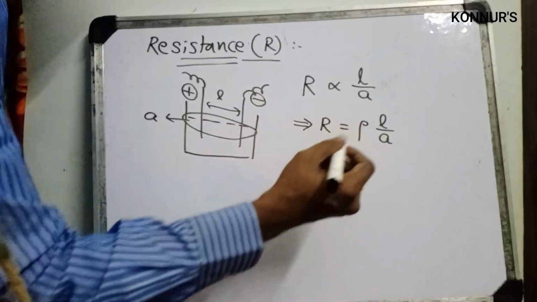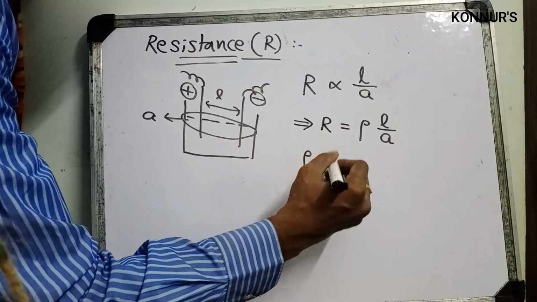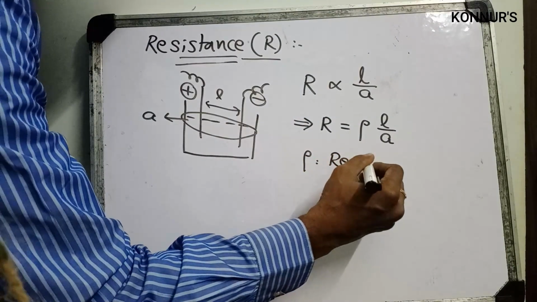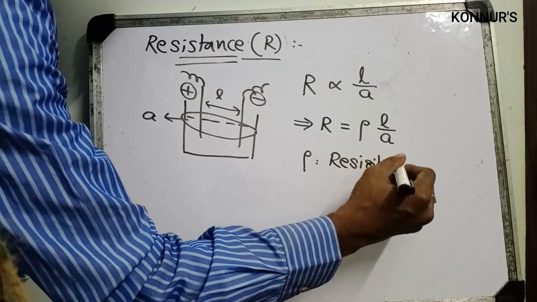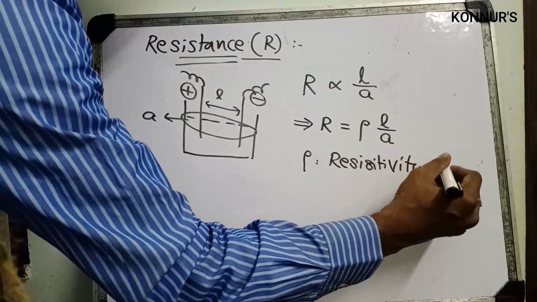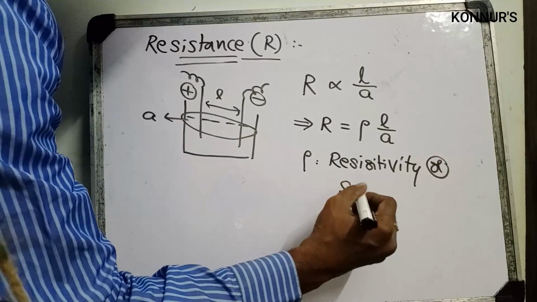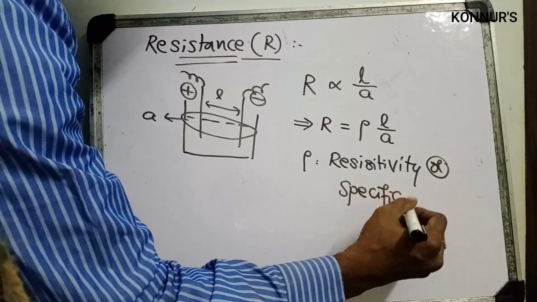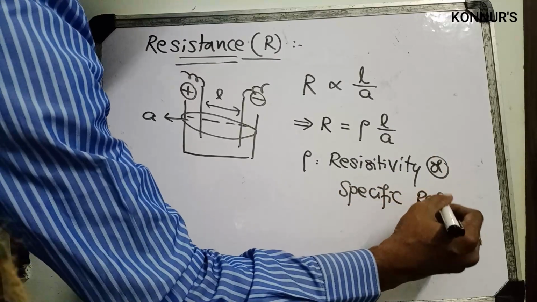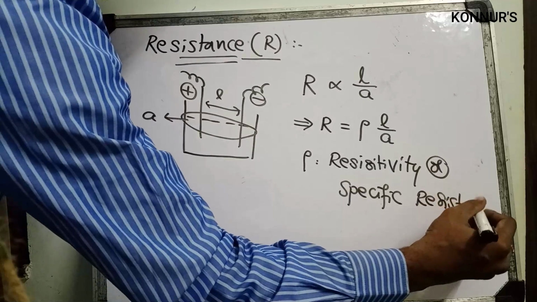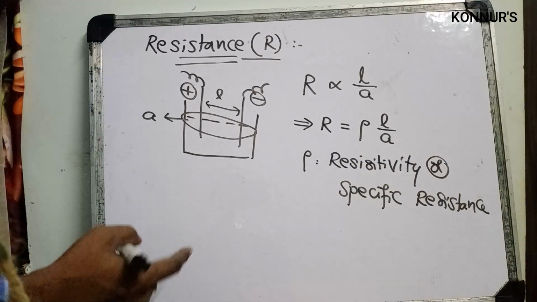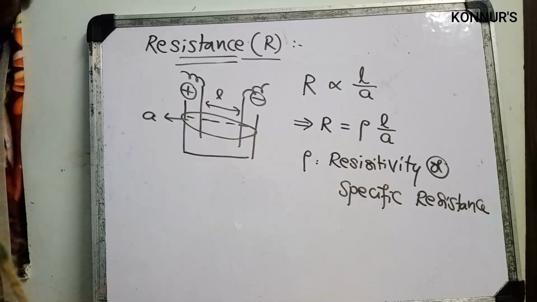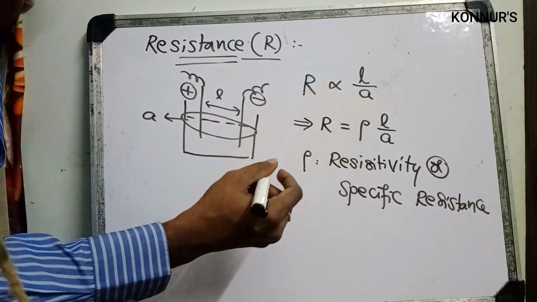So this rho is called resistivity, otherwise specific resistance. So rho is the resistivity or specific resistance. What is the relation?